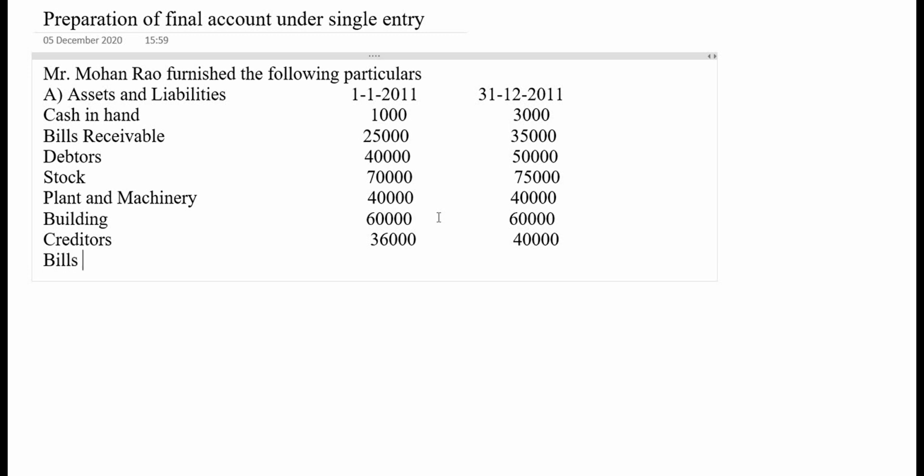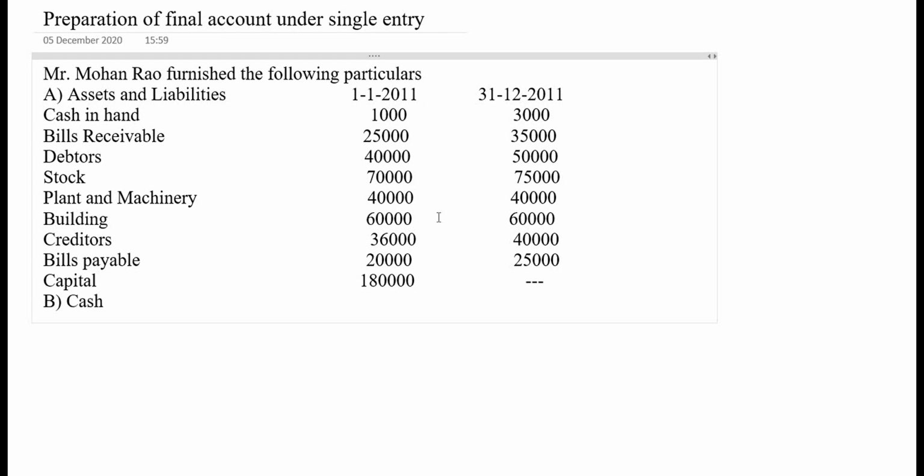Bills payable rupees 20,000, rupees 25,000. Capital rupees 1,80,000, 1,80,000. Here it is nil.